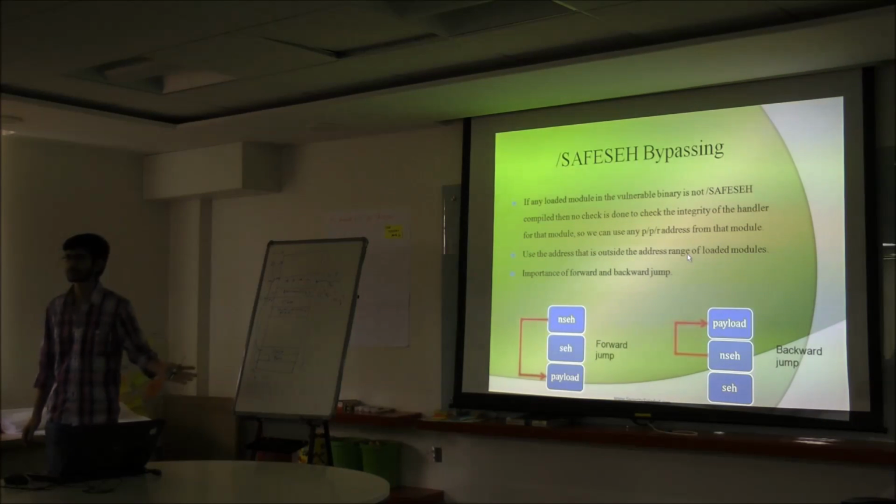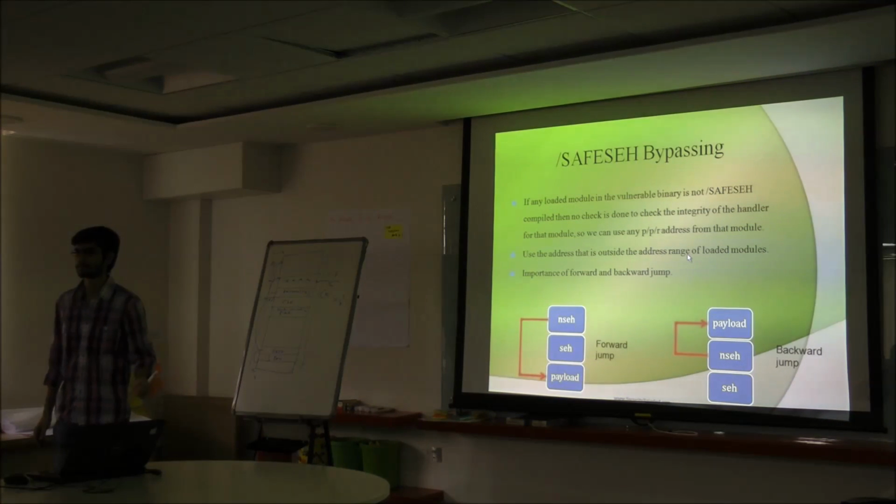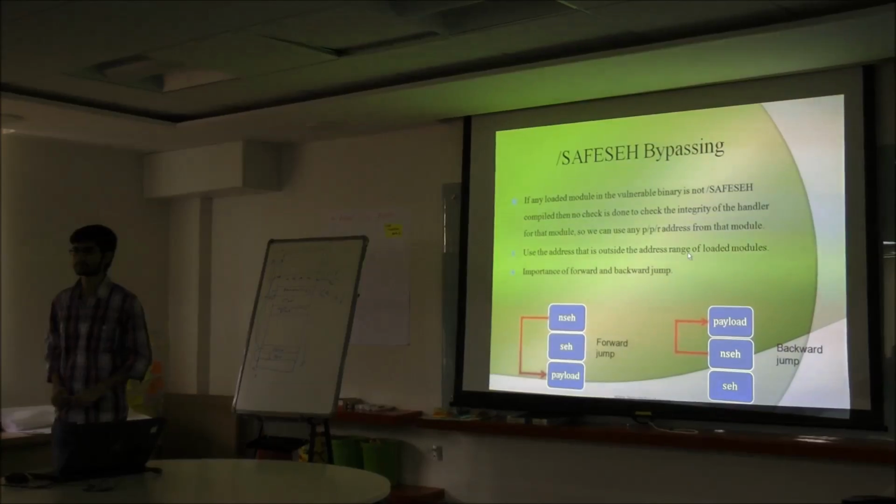If you have any questions, then Ahmed, I would like to add a few points here about SafeSEH. The point you mentioned about the load configuration directory: we have a static list of all the valid addresses to which we could jump through the SEH handler.